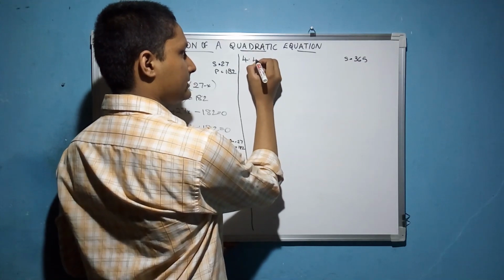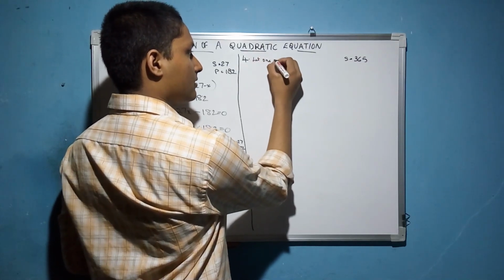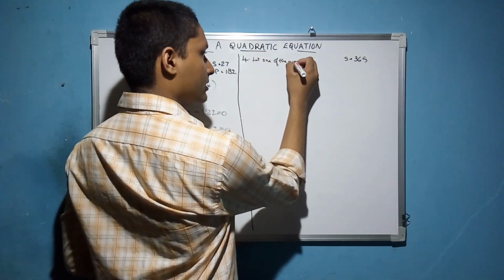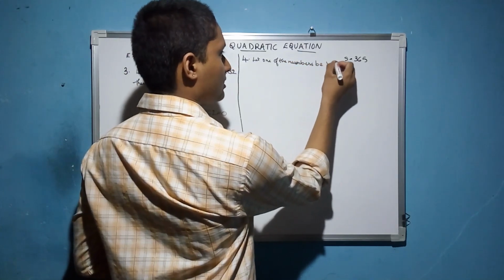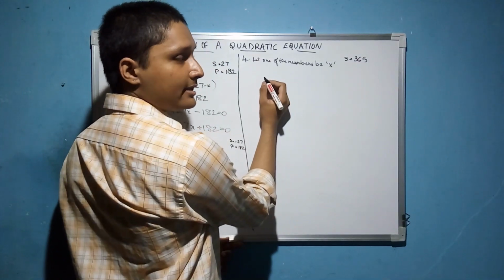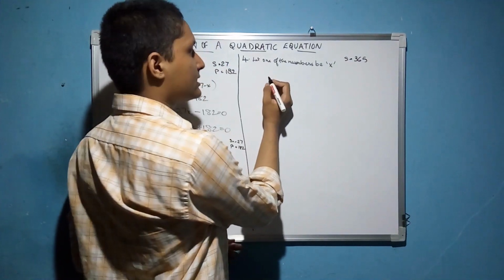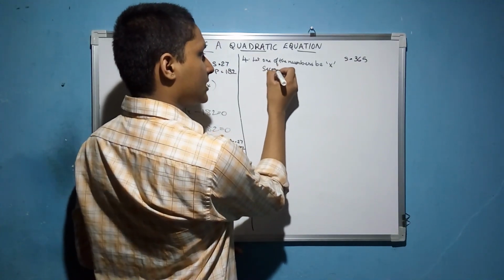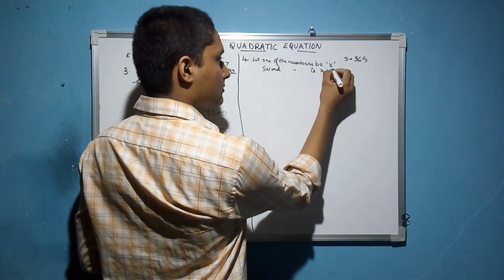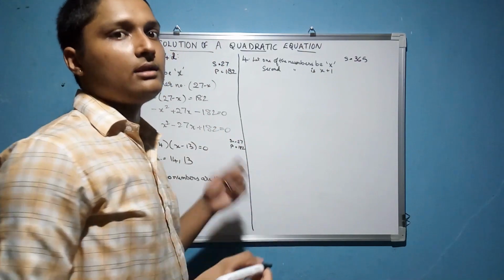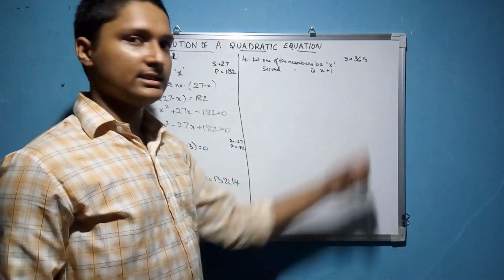So we need to consider, let one of the numbers be x. Therefore, since it is consecutive, I can tell that the second number is going to be x plus 1. Okay, it is given the sum of the squares of those two is going to be 365.